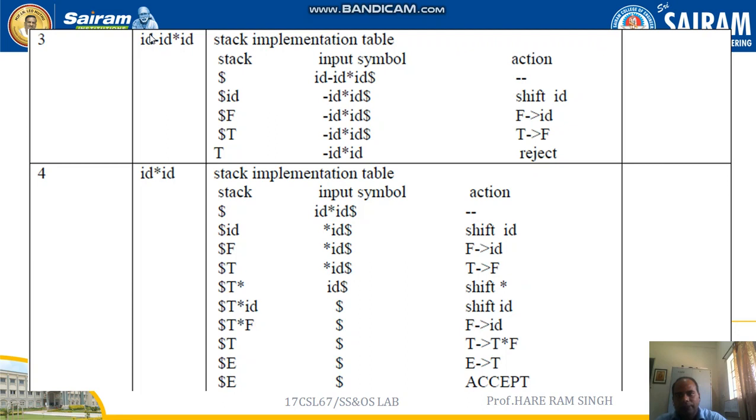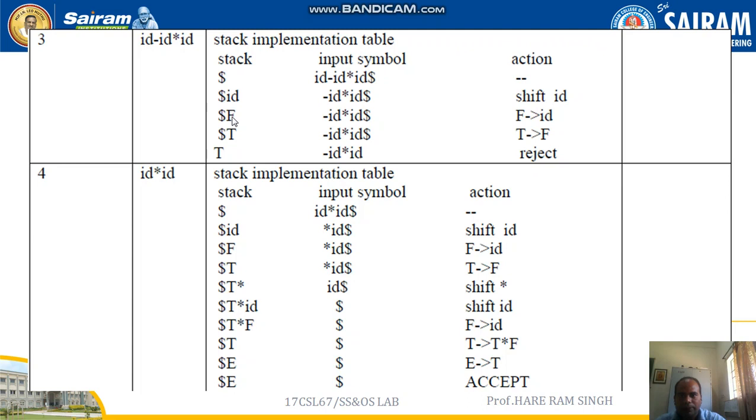Let us see some more examples. ID minus ID into ID. In the beginning the stack has dollar, the input is ID minus ID into ID dollar, no action. First shift is ID, then the input left is minus ID into ID dollar.